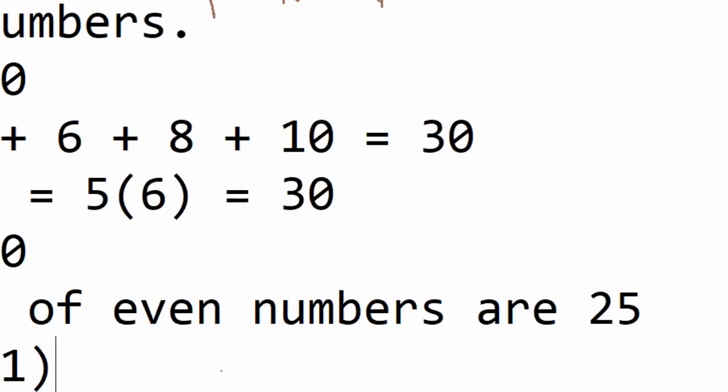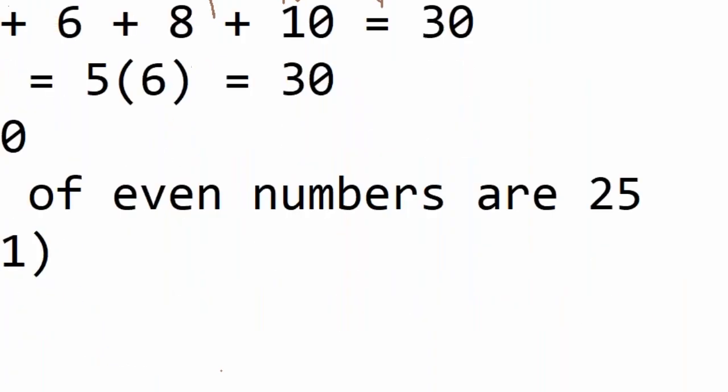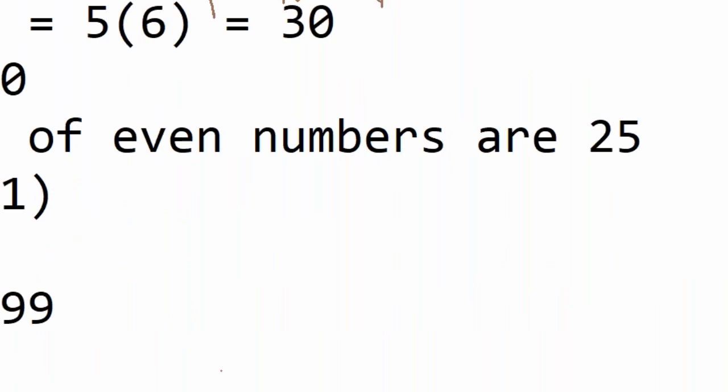But the given example: sum of the odd numbers from 1 to 999. So 1 to 999, how many odd numbers are there? Exactly 500. Including 999: 1 to 10, 5 odd numbers, 1, 3, 5, 7, 9.